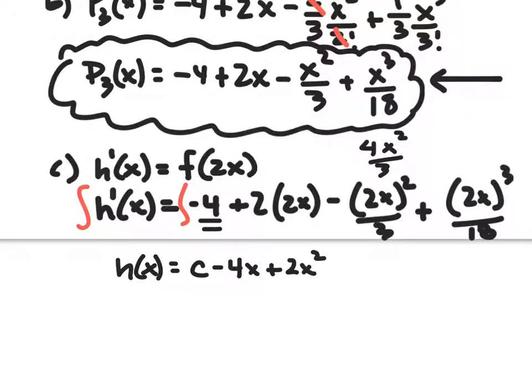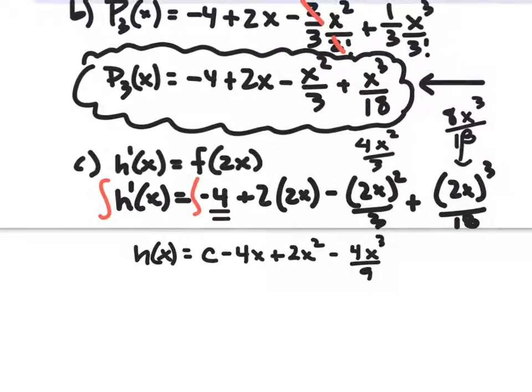If I integrated that, I would have minus 4x cubed over 9. And this term right here is 8x cubed over 18, which is equivalent to 4x cubed over 9. Yeah, 9.